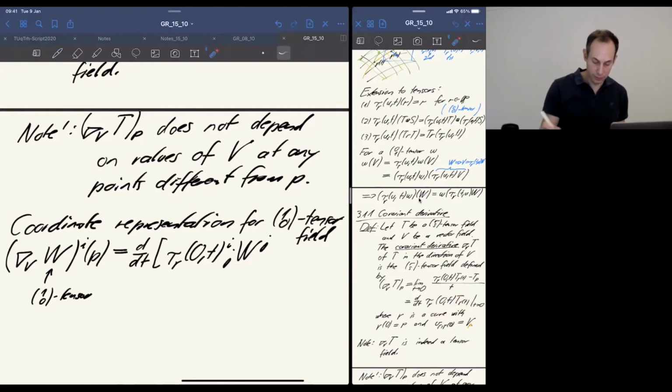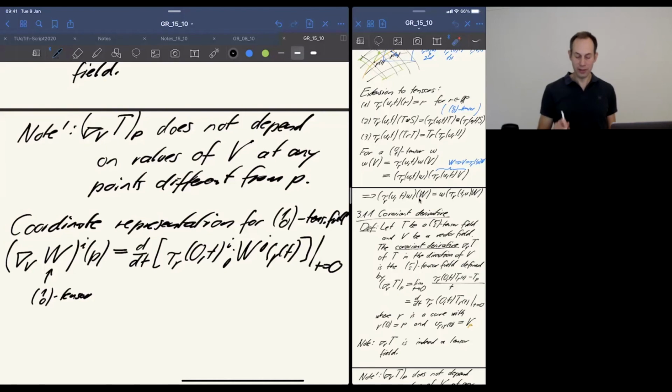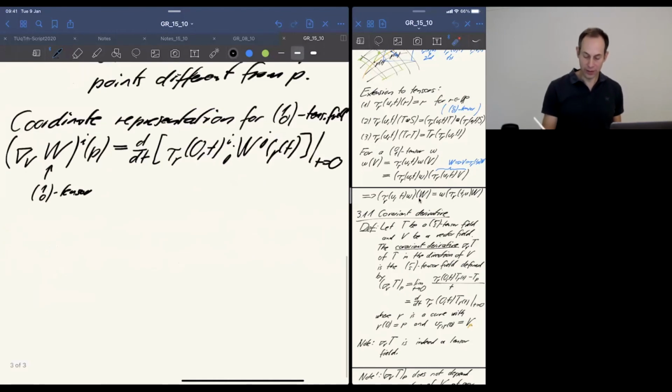So W, I should also say, is evaluated at gamma(t). And the whole thing has to be evaluated at t equals 0. So that was just the definition of the covariant derivative, and now I looked at the components.